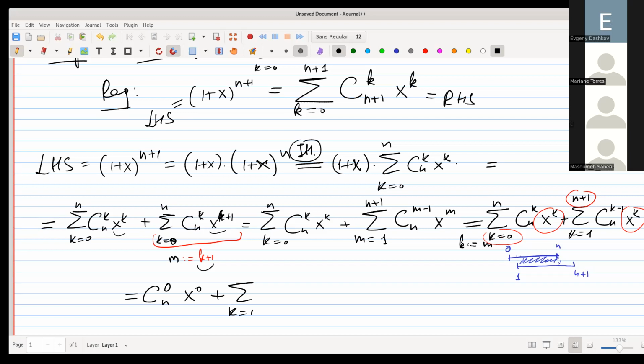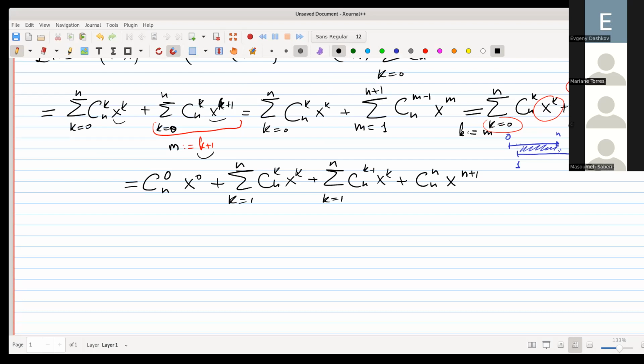Now it ranges from 1 to n, n choose k x to the power k, and here we have from k to n, n choose k minus 1 multiplied by x to the power k, plus one more term when k equals n plus 1. So that is n choose n multiplied by x to the power n plus 1. Do you agree? Yes. Okay.